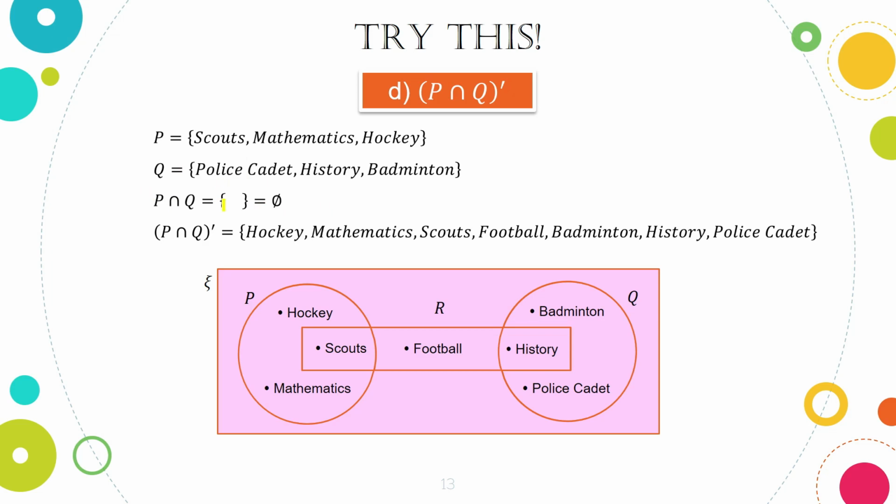Okay, and then from this problem, soalan ini dia minta complement of intersection P and Q. Complement elemen selain daripada intersection P and Q. So we can say that the complement of the intersection of P and Q is hockey, mathematics, scout, football, badminton, history, police cadet.